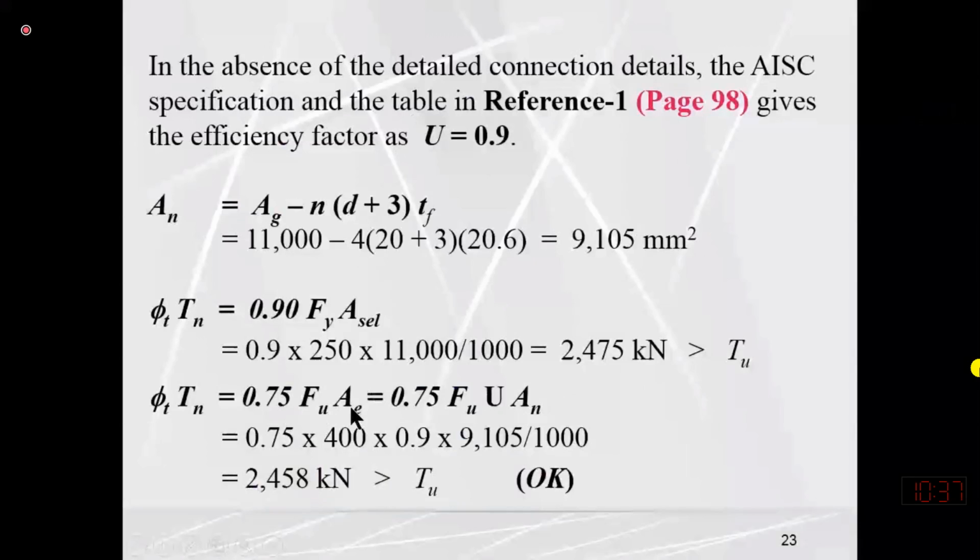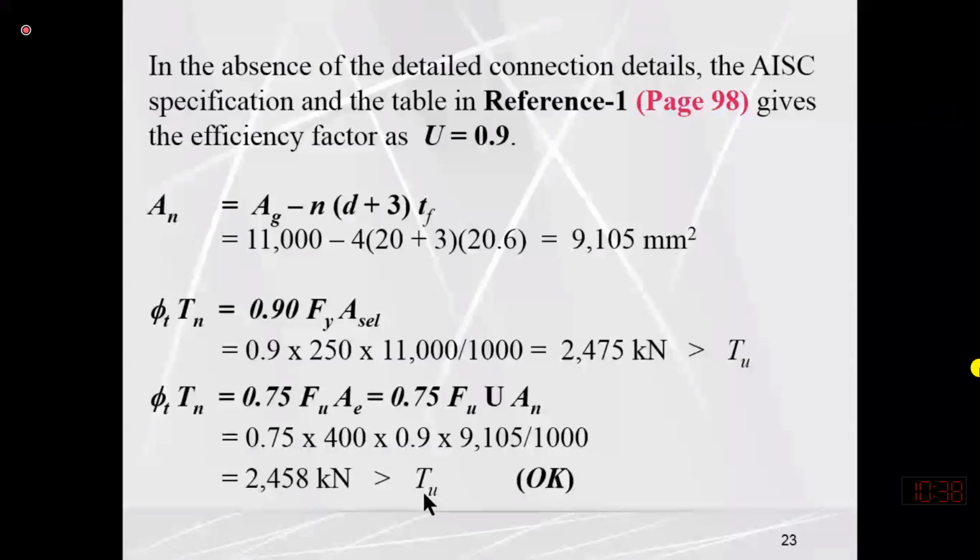The U value we have already picked from the LRFD manual, page number 98, because BF over D value is more than 2 by 3D. Fu is 400, the ultimate strength of the steel. Net area we just determined, divided by 1000. So capacity in rupture is 2458, which is also more than Pu. So our section is safe against yielding failure and rupture failure.